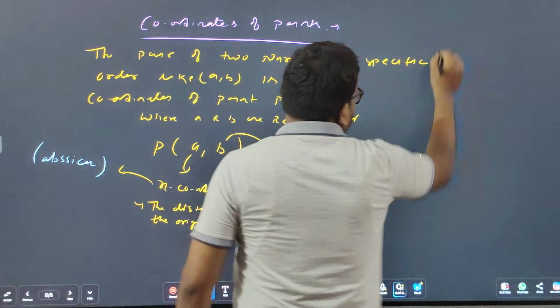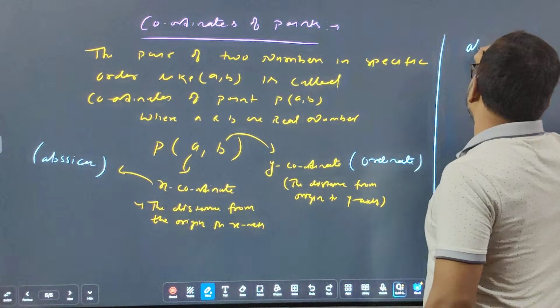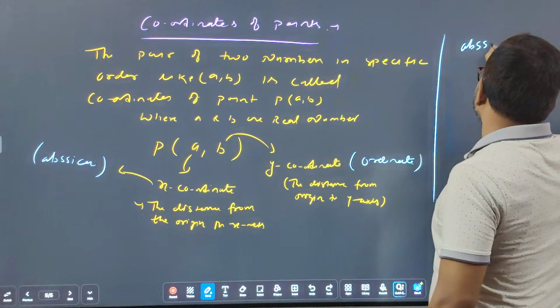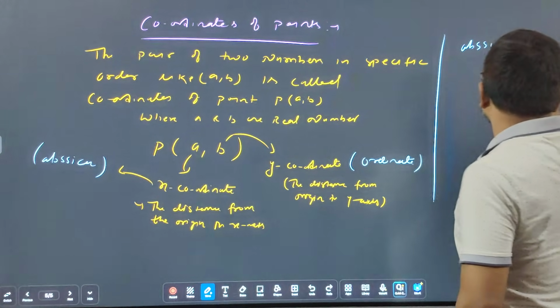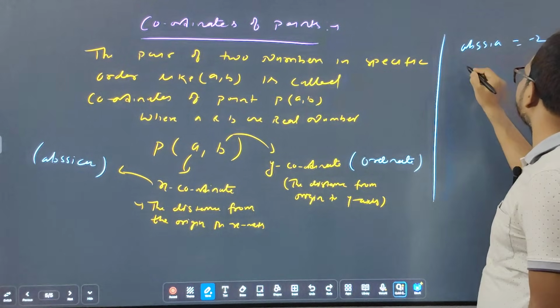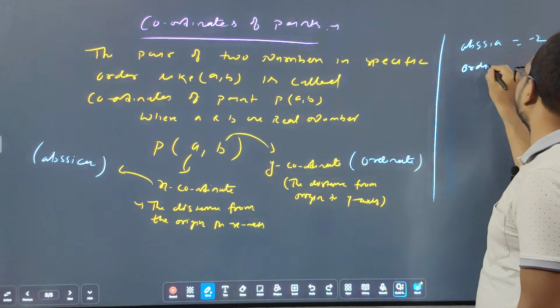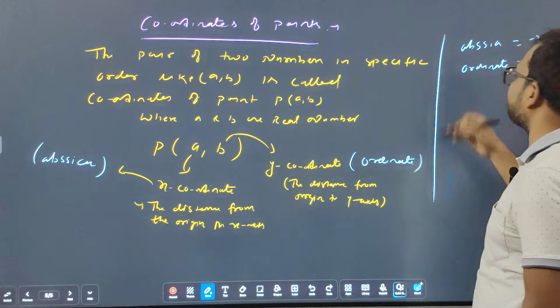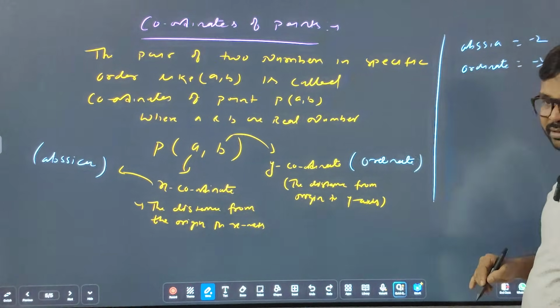So if you are given abscissa equals -2 and ordinate equals -3, then what is the coordinate of the point?